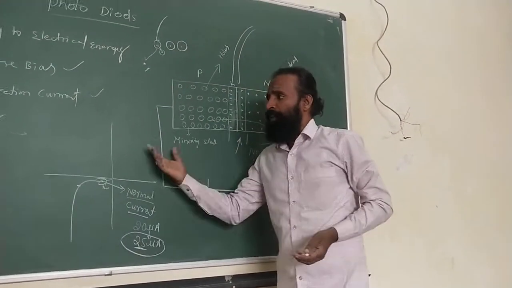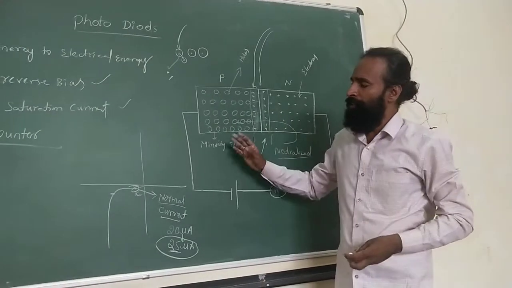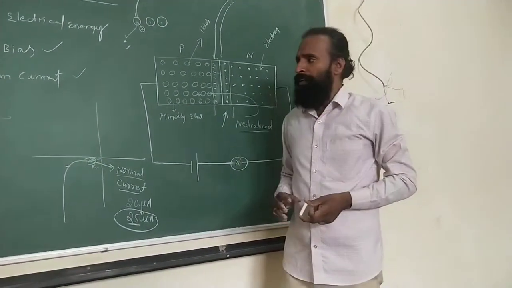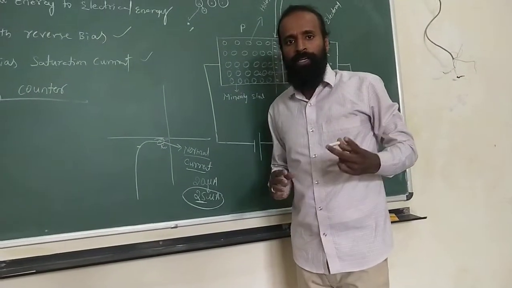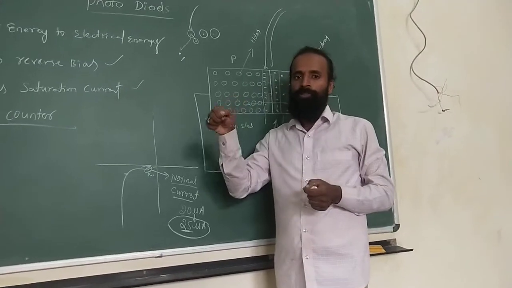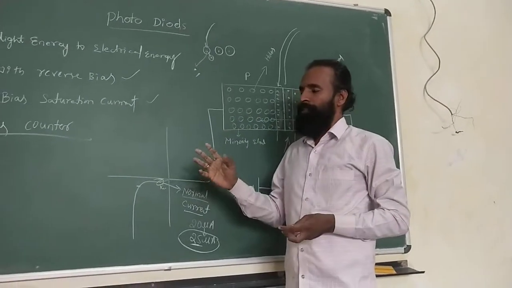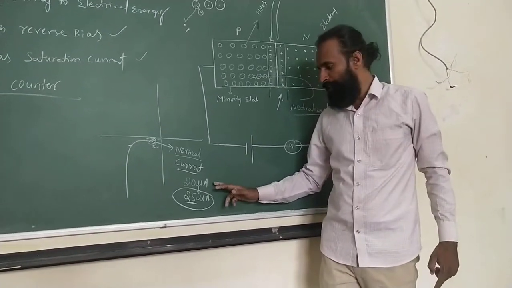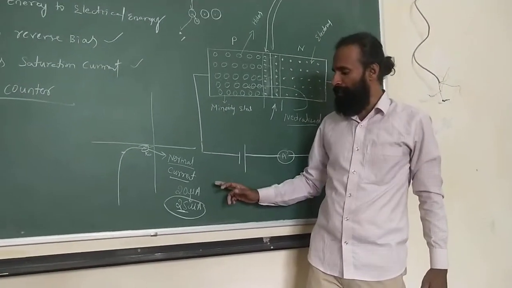Another example: you will very commonly see in banks the counting of currency notes. The currency notes are put into the machine. What is the logic behind that? It is the change in the current.